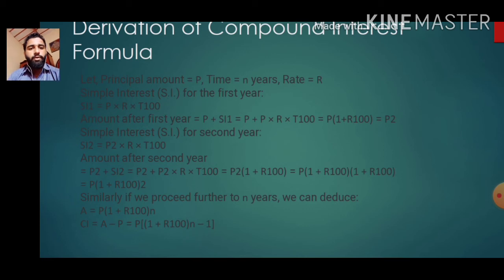Similarly, if we proceed further to N years, we can deduce A is equal to P(1 + R/100) to the power N, and CI, A minus P, is equal to P[(1 + R/100) to the power N minus 1].